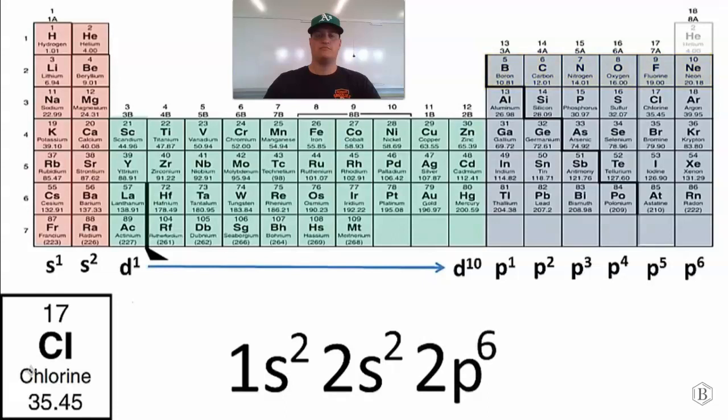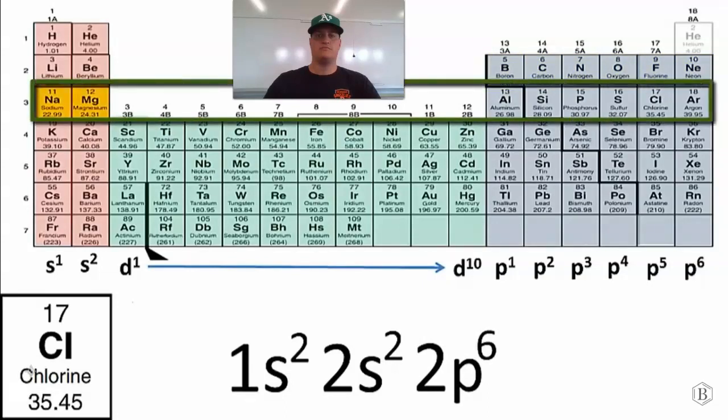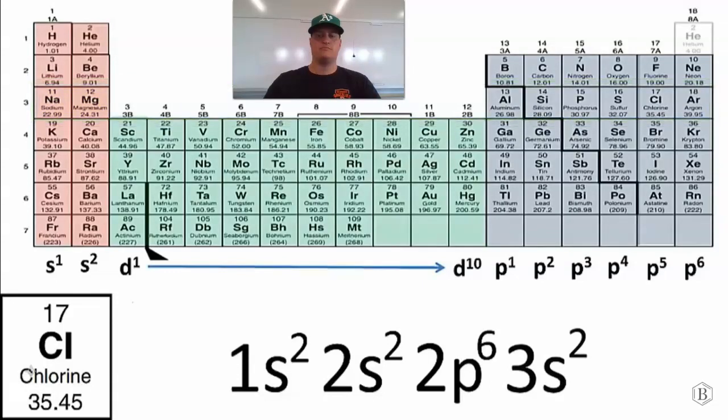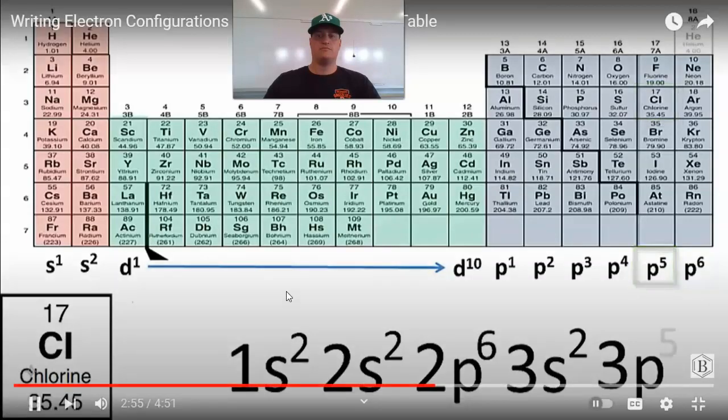We go down to row 3, we have 3s1 and 3s2, those are full, so we write 3s2. We're back across to the P block, and we can see chlorine's there at P5, so we're almost there. So we put 3p, and since chlorine's in the P5 group, 3p5.